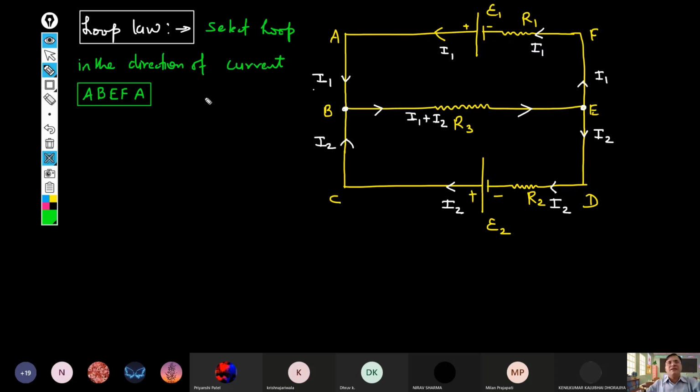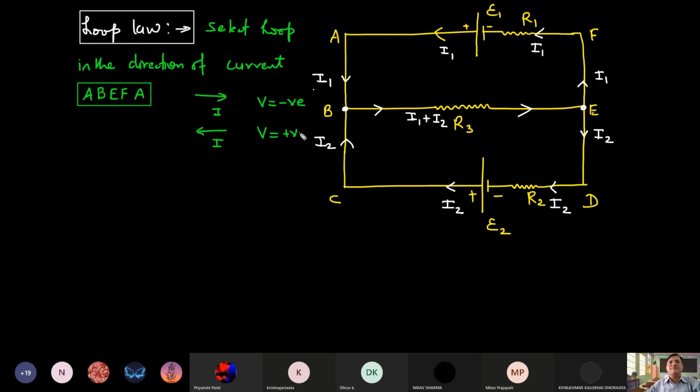Now remember that whenever we move in the direction of current in the loop, we will take voltage as negative. And if we move opposite to the direction of current in the circuit, we will take voltage as positive.